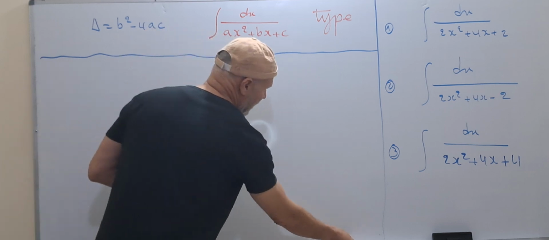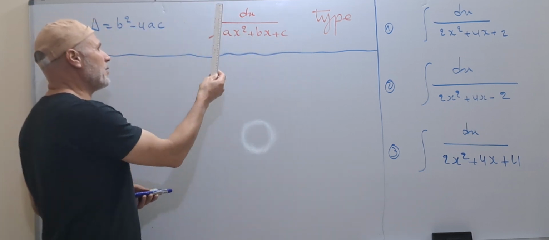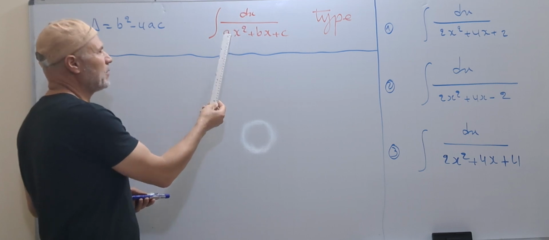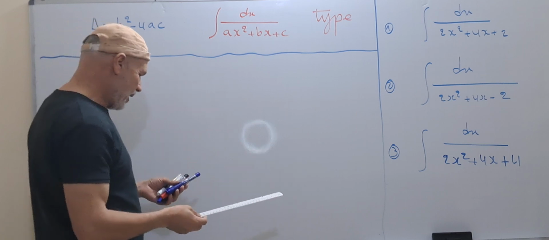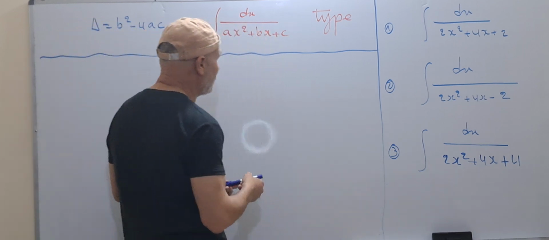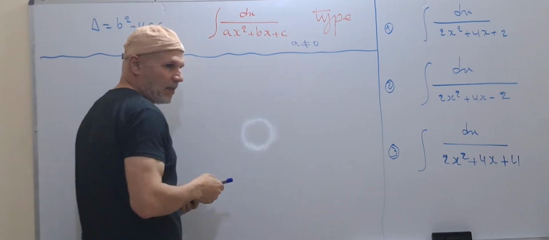So here we will deal today with this type of integral, the integral of dx over ax squared plus bx plus c, where a is different from 0.